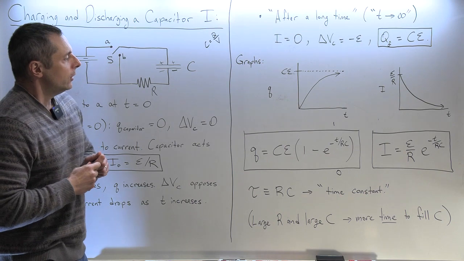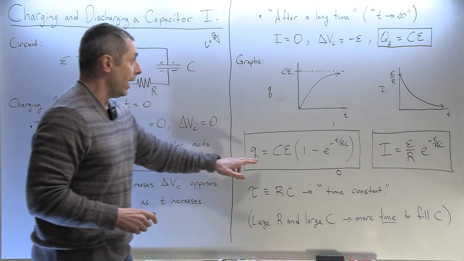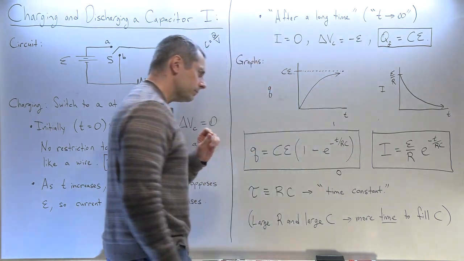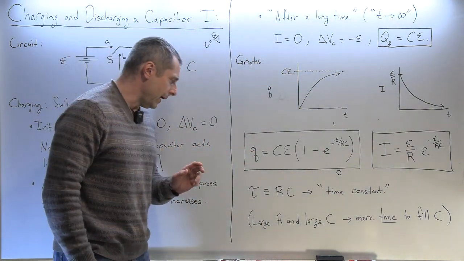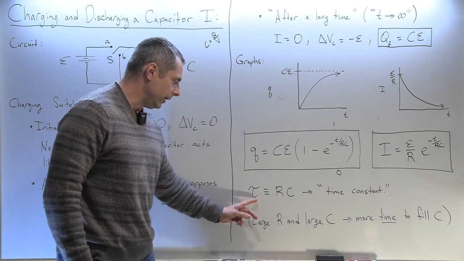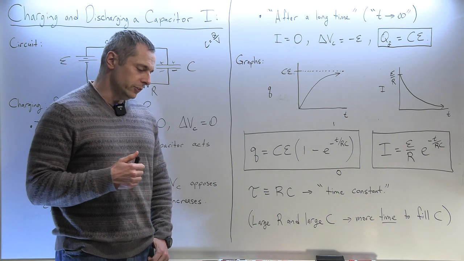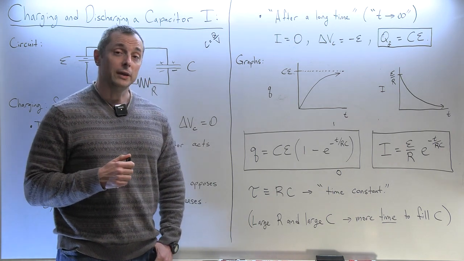Okay? So a couple things about the patterns, and also it rises to this final value. First of all, the quantity RC we define with the Greek letter tau. You might notice that Greek letter as the torque symbol in mechanics.